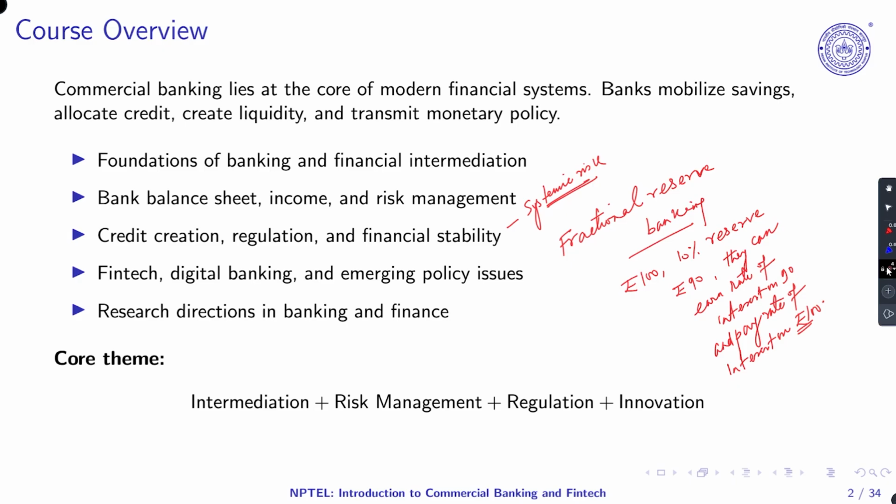So from fractional ledger banking to fractional cost banking, we discussed different dimensions of fintech and digital banking, including open banking that we saw in the case of the UK, how the UK is promoting open banking wherein companies can access through APIs, right?